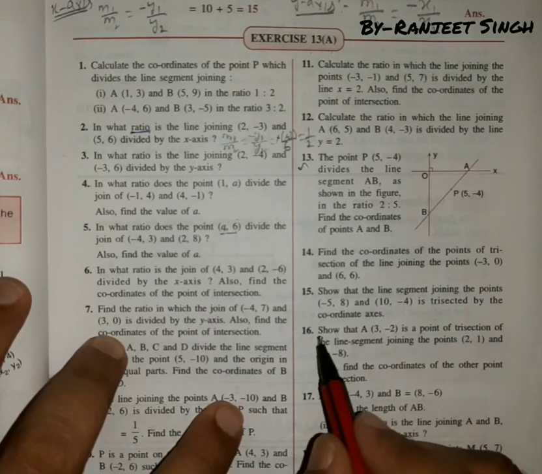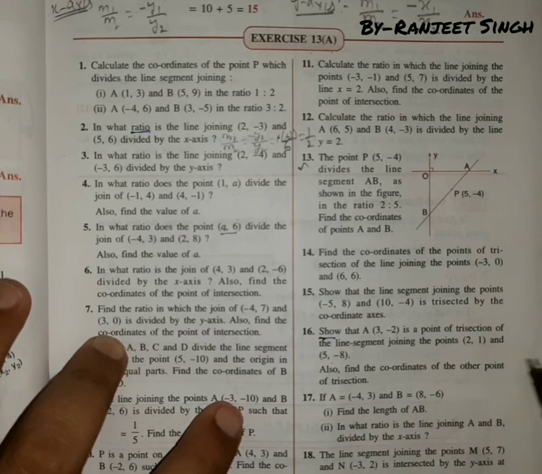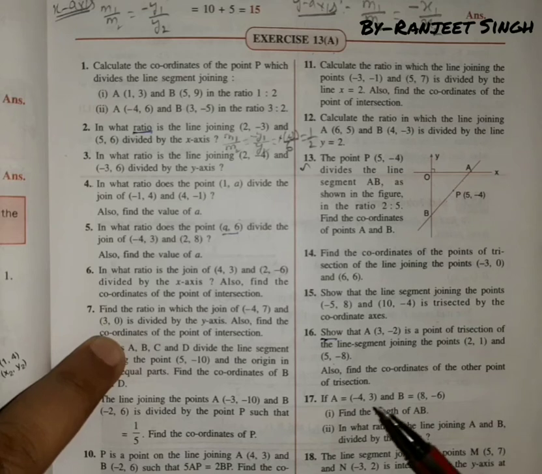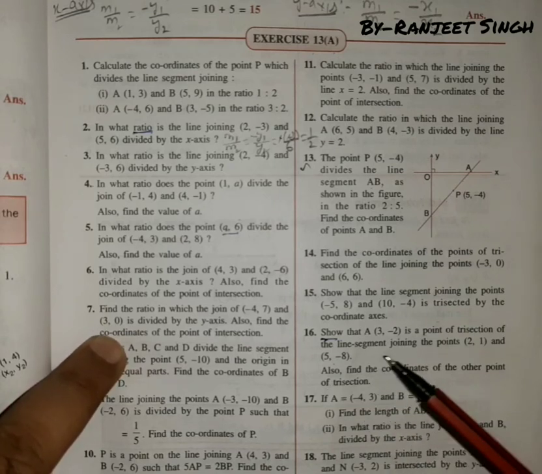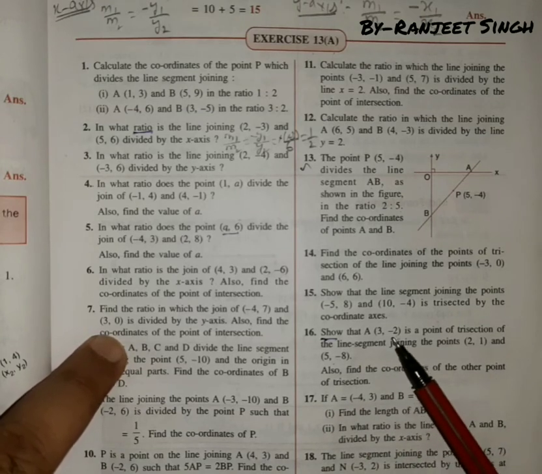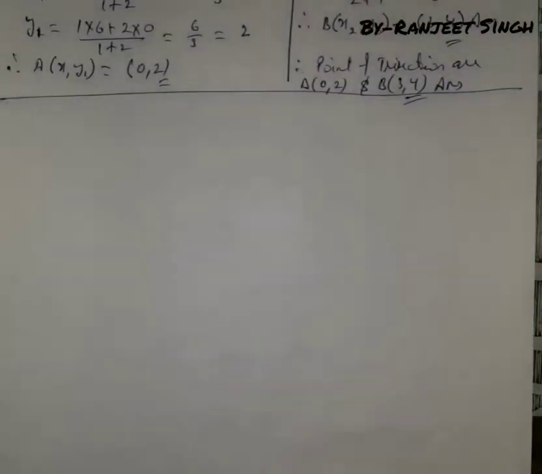Since we have to show this, and this point is given on a line, we will use the section formula to find the ratio, and if the ratio we get is 1:2 or 2:1, then we will say that the point is a point of trisection. We also have to find the other point of trisection. If for the given point we get the ratio as 1:2, then we will use the ratio 2:1 to find the other point, or if we get the ratio as 2:1, then we will use 1:2 to find the other point. So I'm talking about question number 16 now.